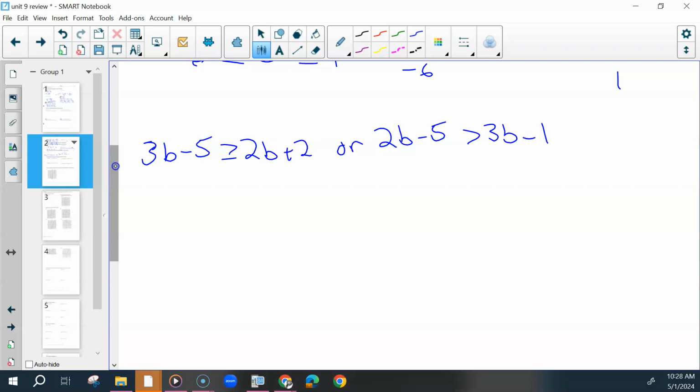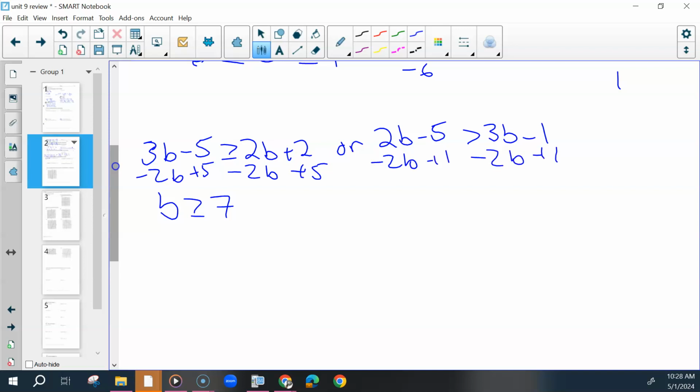On this side, we can subtract 2b and add 5. For the other one, do the same thing, except I'm going to subtract 2b and add 1.